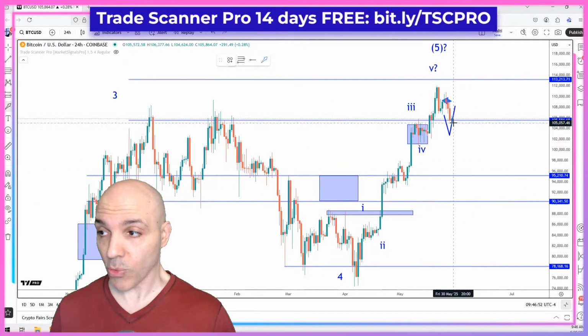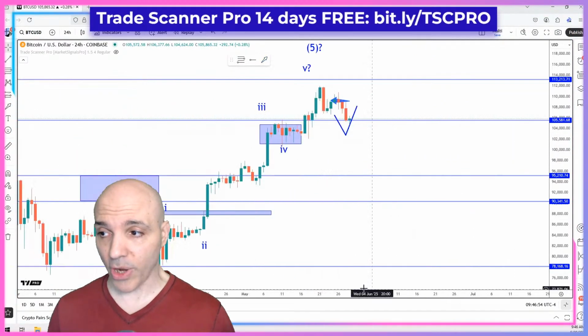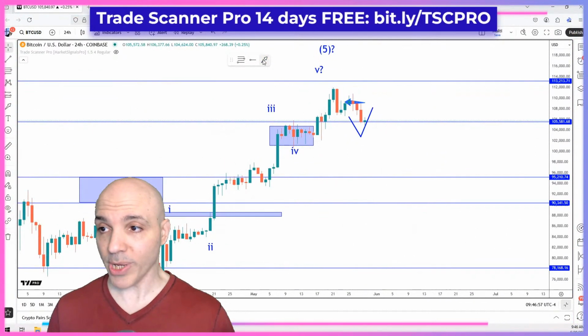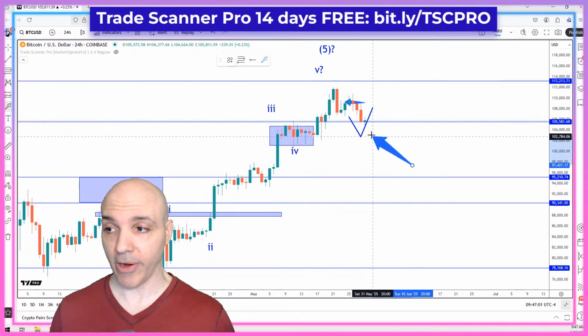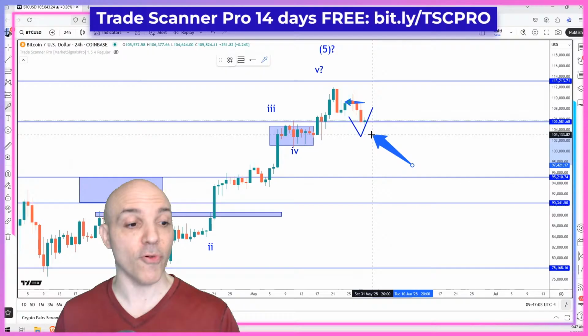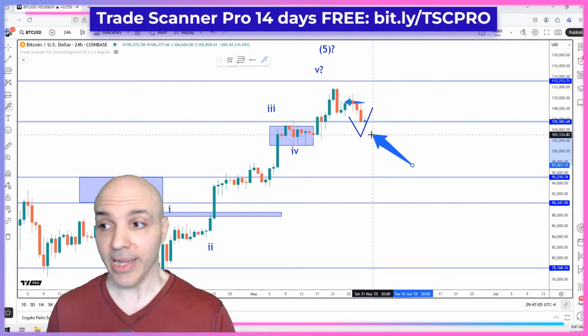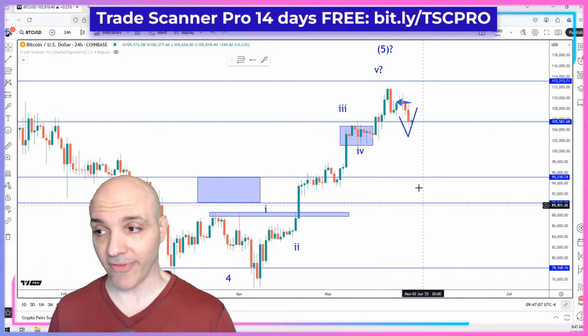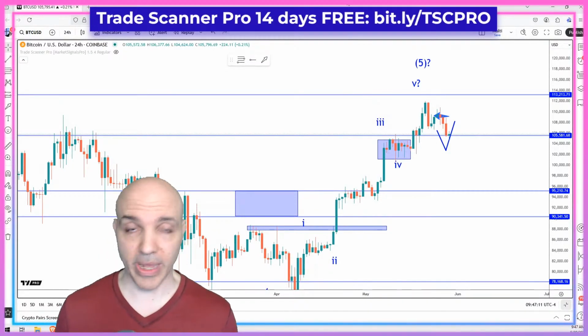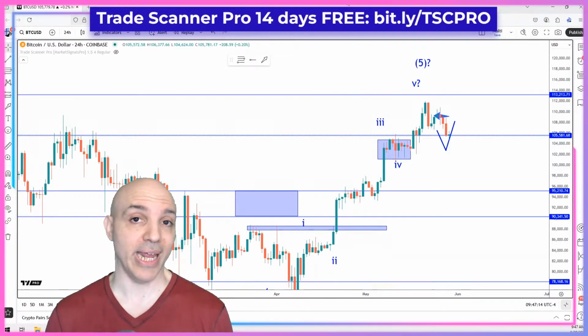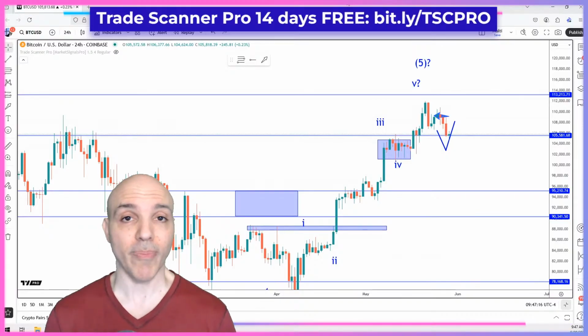So, this corrective move, I don't know how far it can go, but a reasonable area would be 102 to 100K. That's what I'm anticipating here. That might be a good move for a swing trade, right? If 100K breaks, you're looking at 95K, right? And if that breaks, you're looking at 90 to 85.